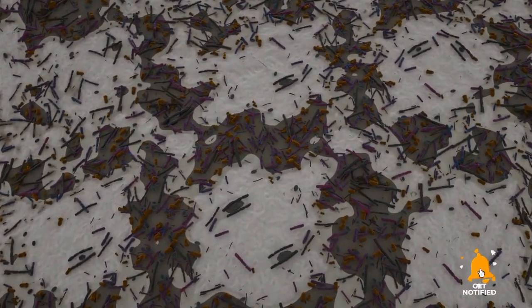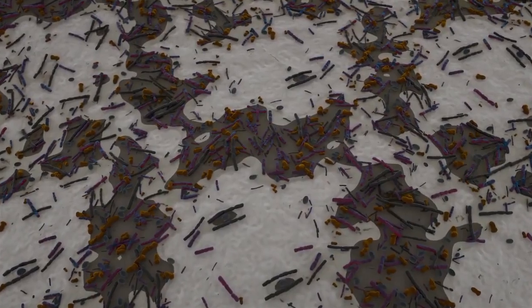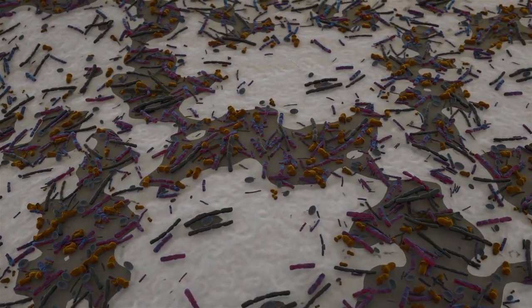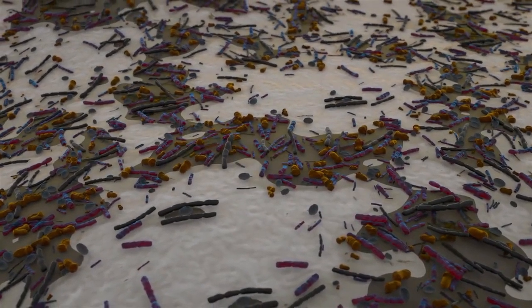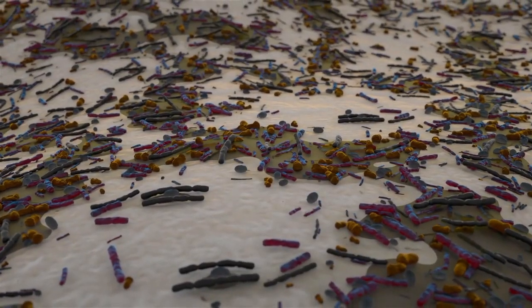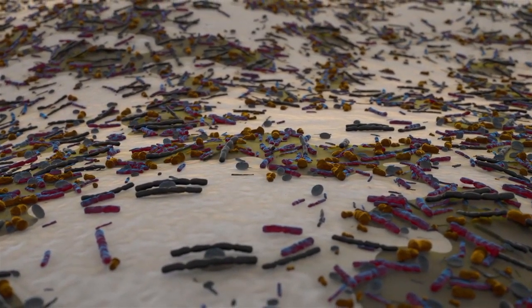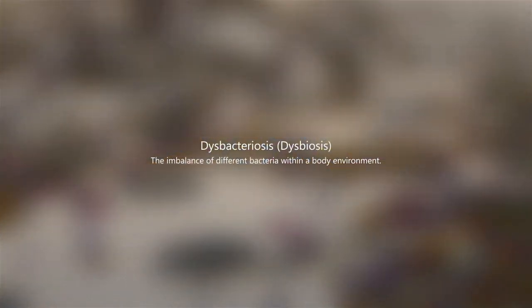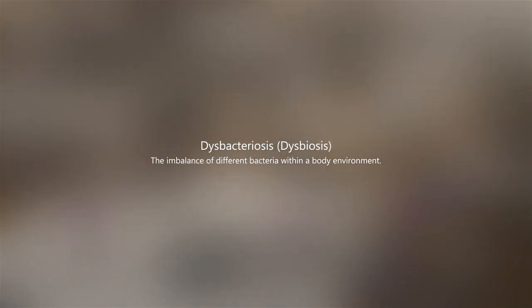Our oral cavity is colonized by countless species of bacteria and fungi. They protect teeth and gums, promote good breath, and do many other good things. However, if bacteria and fungi become deranged, this situation is called dysbacteriosis. Dysbacteriosis is also called dysbiosis, and it can be caused, for example, by the intake of too much sugar.